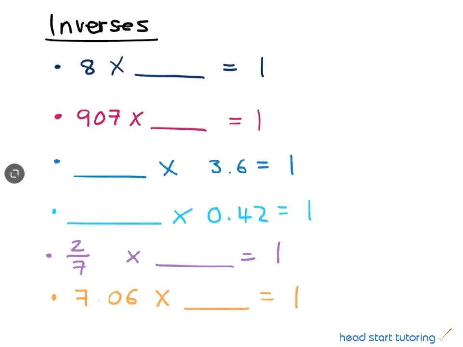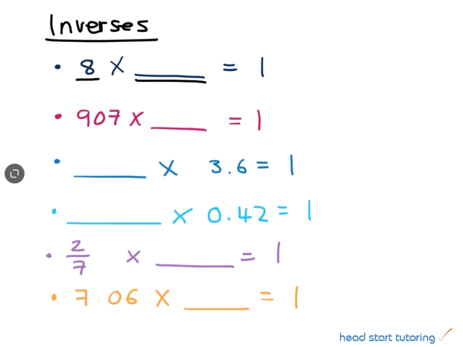Right, so when we are now multiplying these same numbers by something to get 1, we need to multiply those numbers by their inverses. So this something there that we need to find out has to be the inverse of this number. So what is an inverse?